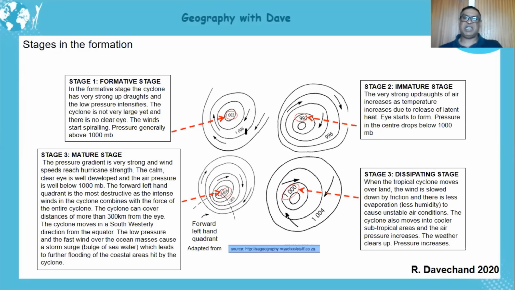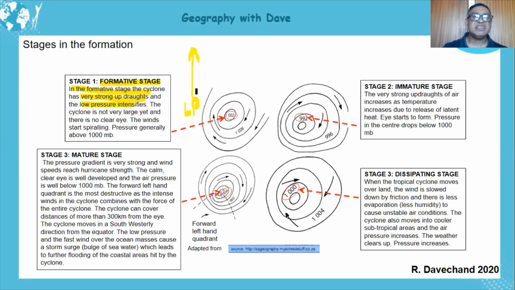In the formative stage, the cyclone has very strong updrafts, meaning the air is rising from the surface of the sea, because the temperature is above 26.5 degrees Celsius, and the low pressure intensifies. There was a pre-existing low pressure here, not creating much hassle. It was a bit of a low, not as intensive a trough.